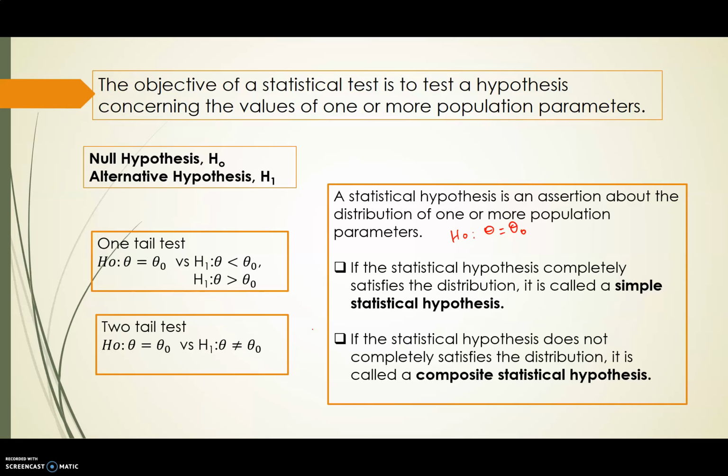If the statistical hypothesis does not completely specify the distribution, it is called a composite statistical hypothesis. In this case, our null hypothesis can be written as theta less than or equal to theta naught, or theta greater than or equal to theta naught.